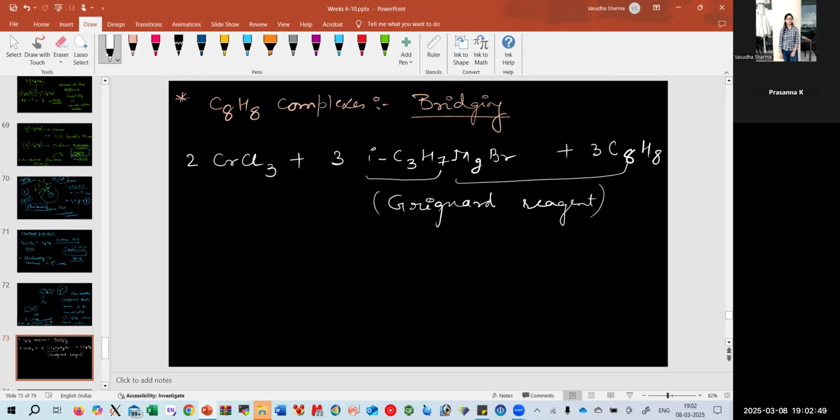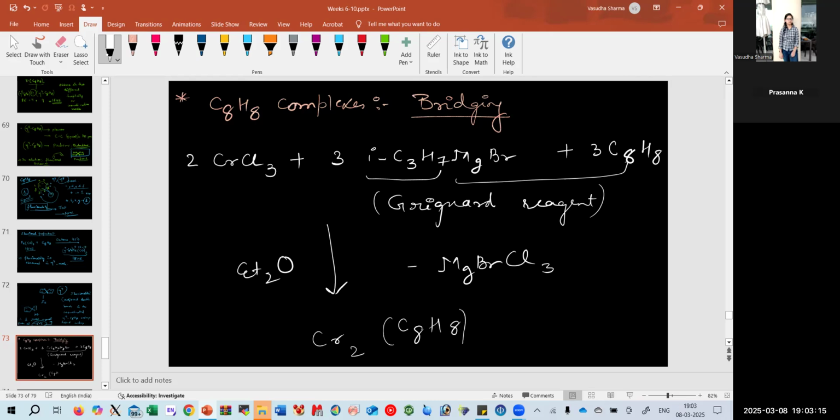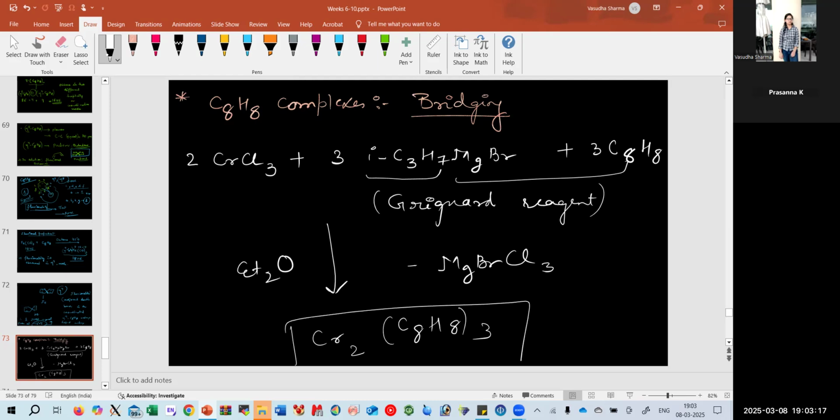This reaction exchanges your ligand, so it takes up C8H8 and releases MgBrCl in a diethyl ether medium. The isopropyl group goes out. It would give you a dimeric structure, chromium 2, C8H8 3. So this is a bridging system where one of the groups would be in bridging form.